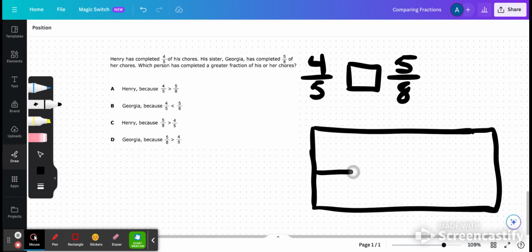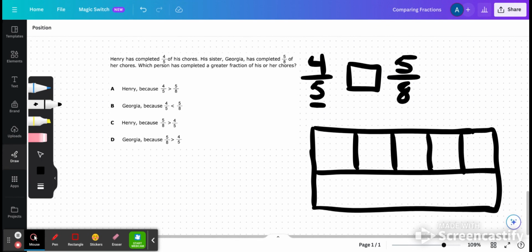Okay, here are our two fraction bars. Our first fraction, we're going to divide into fifths, so we want 5 equal parts. There's our fifths. Then our second bar, we're going to divide into eighths.